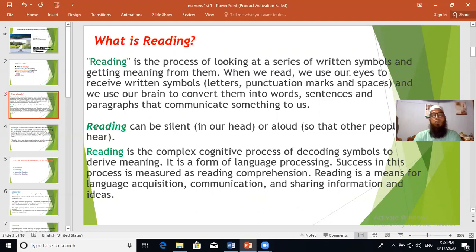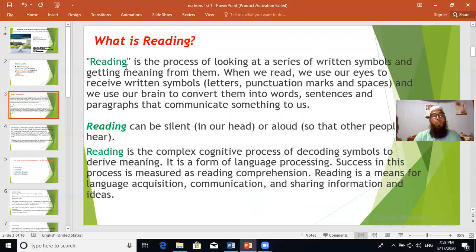When we read, we use our eyes to receive written symbols like letters, punctuation marks, and spaces, and we use our brain to convert them into words, sentences, and paragraphs that communicate something to us. So this is one definition of reading.